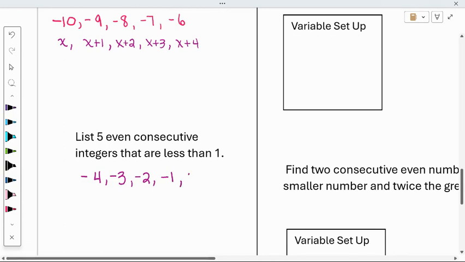And the last one? Perfect. So again, how are we going to identify our variables? x plus 1, and x plus 2, and x plus 3. And the last one? x plus 4. Let's see if that makes sense. If x is negative 4, what is negative 4 plus 4? Yeah, it does make sense. Okay.